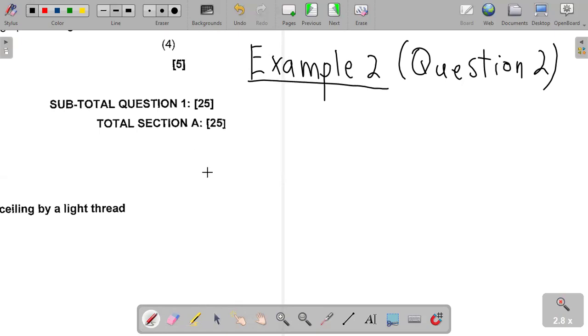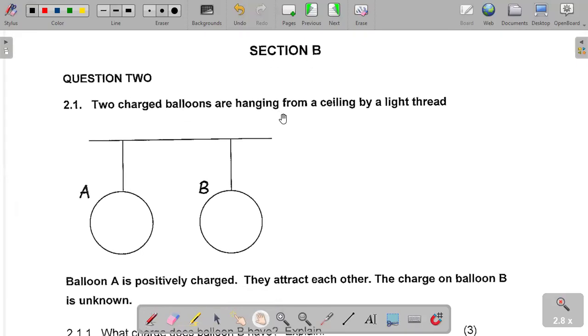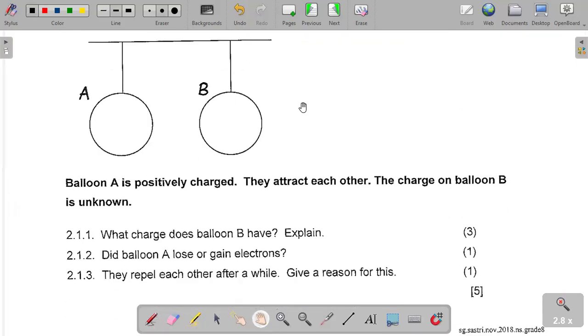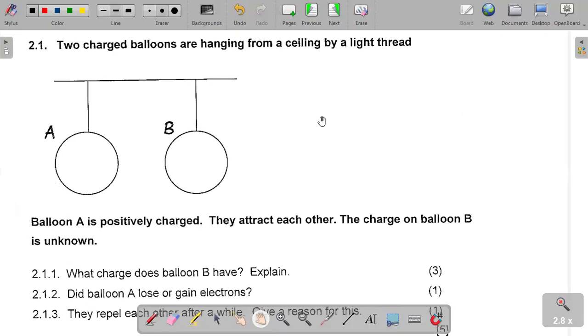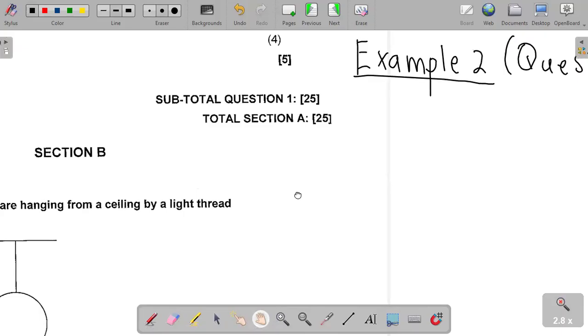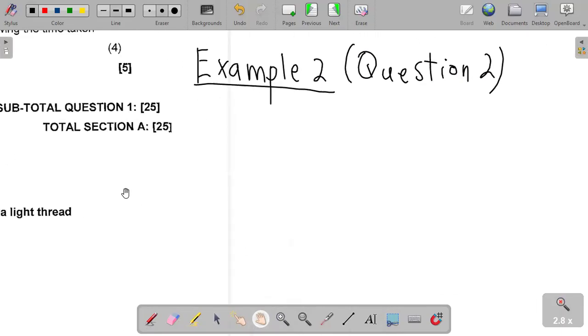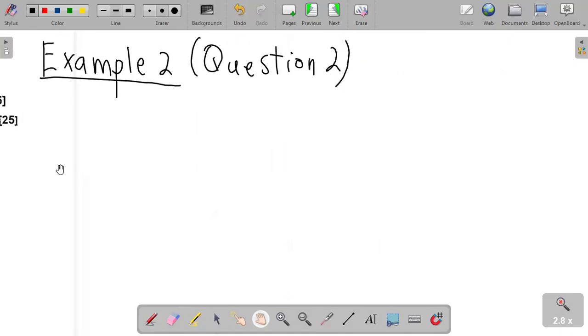So guys, this is question 2. I got this question from November 2018, section B, question 2. Now let's look at the question.